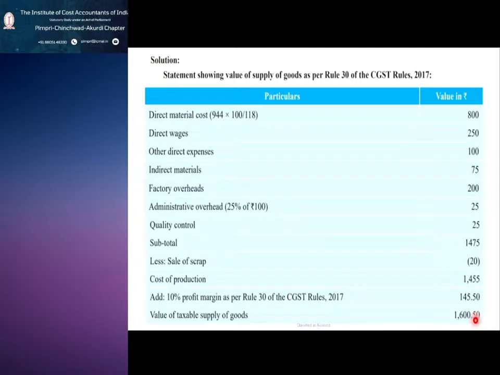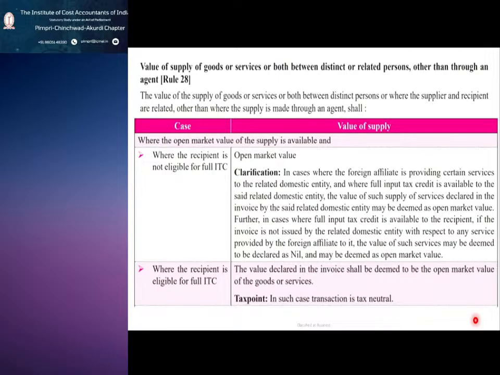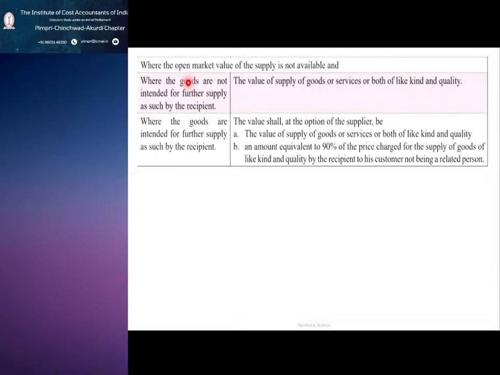Rule 28 is also similar: value of supply of goods or services or both between distinct or related persons, then we should go with rule 28. So we have rules 28, 29, 30.